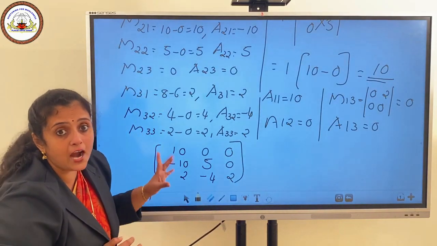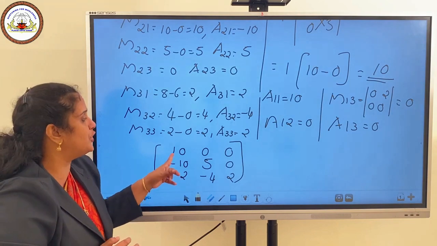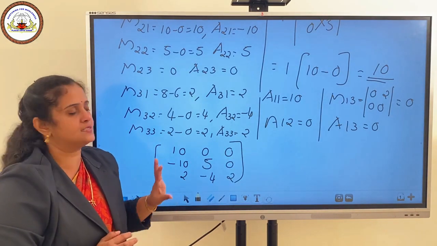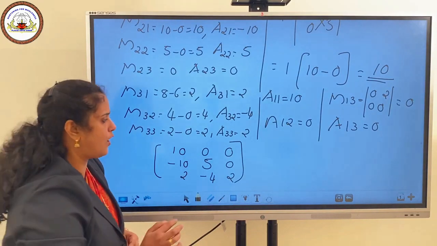Then we can find the adjoint of the matrix. Adjoint of A is the transpose of the cofactor matrix, interchanging the rows and columns.